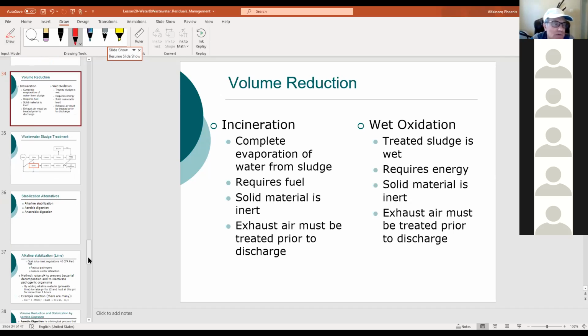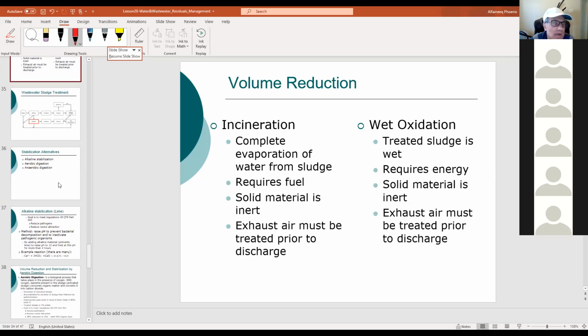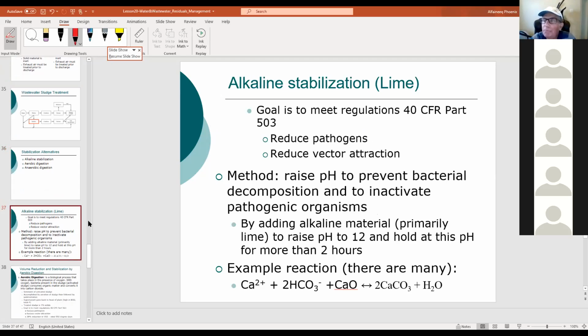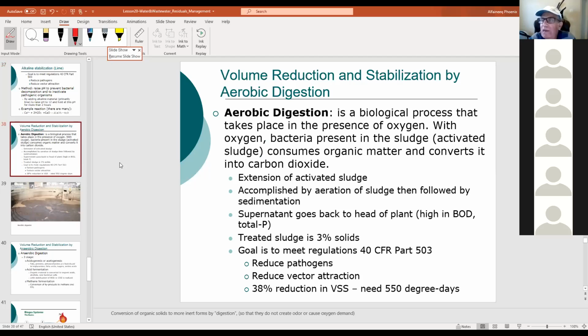Stabilization, aerobic digesters and anaerobic digesters as well. Alkaline also by adding lime, right? This is to deal with the pH, all right, to change the pH. Now, aerobic digesters, this is exactly as what you have in the aeration tank with the bacteria, with the microorganisms, right?